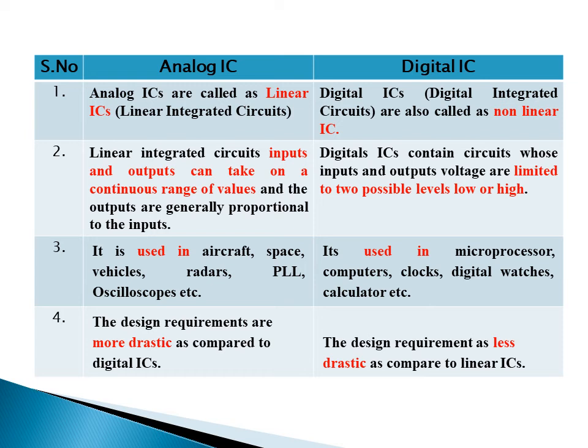Third, analog ICs can be used in aircraft or space vehicles, radars, phase locked loops, oscilloscopes, etc., where we have RF radio frequency signals or high frequency signals as input. Whereas digital ICs are used in clocks, watches, calculators, processors, computers, everything.